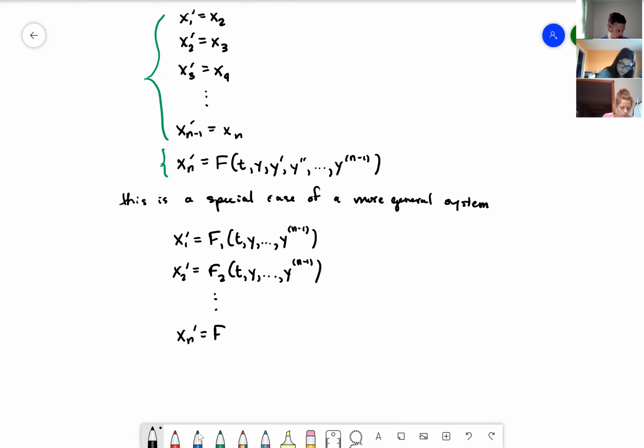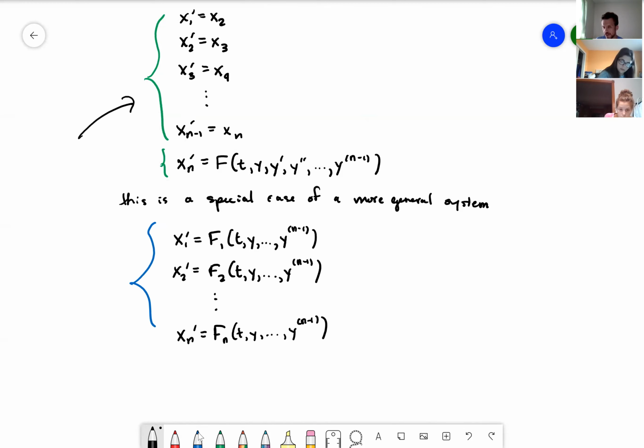And finally, xn prime is fn of t, y, y prime, y double prime, all the way up to y to the n minus 1. And you'll see that this encompasses this. So it therefore contains within it, as a special case, every single higher order ODE, linear or nonlinear.